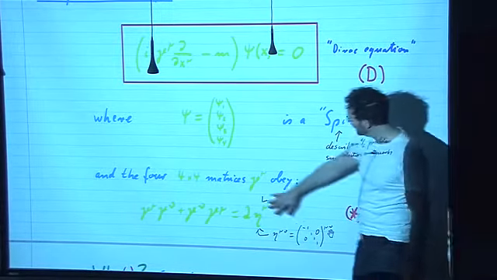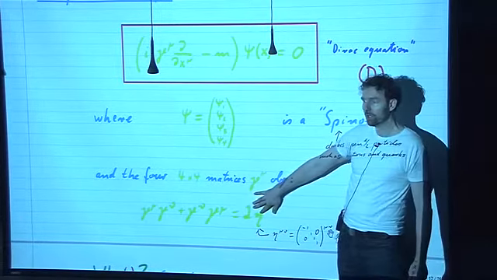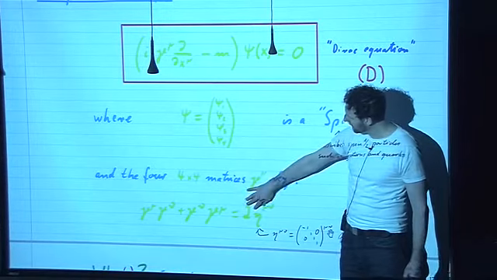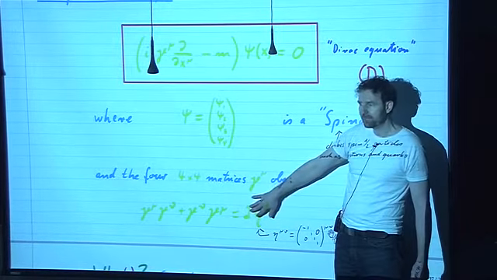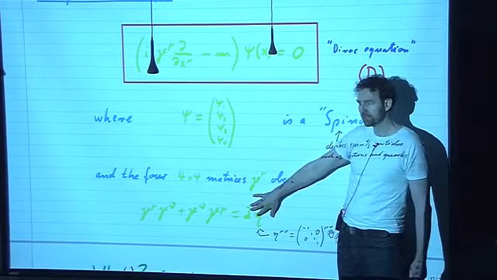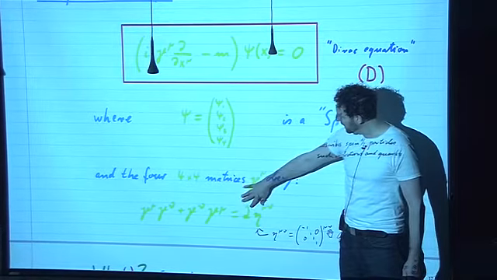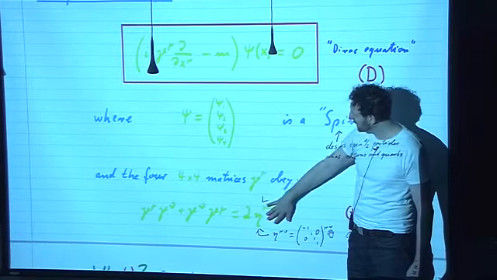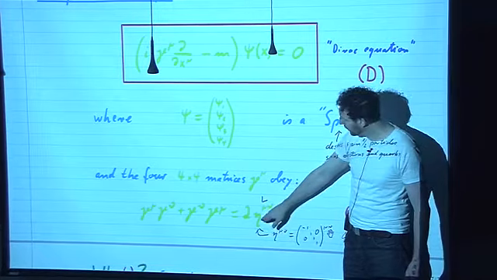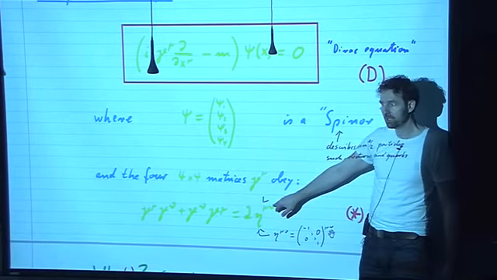However, what we can do with all this hard work that we did earlier is to choose a basis in the tangent and cotangent spaces such that the metric takes the form of eta mu nu everywhere.